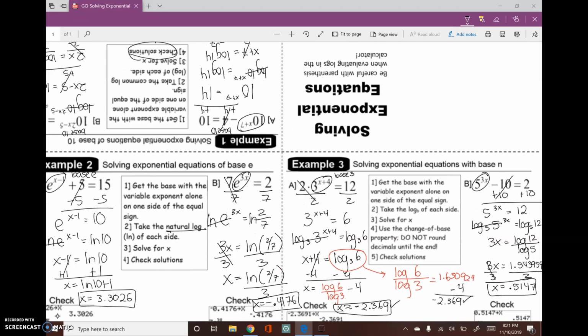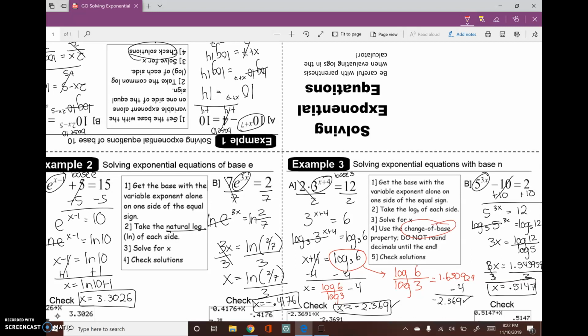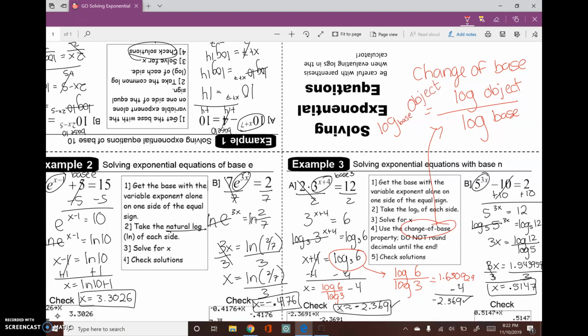Remember, change of base is with the common logs, so log over a log, where the log of the base goes here and then the object is here, and that's log base and then object.